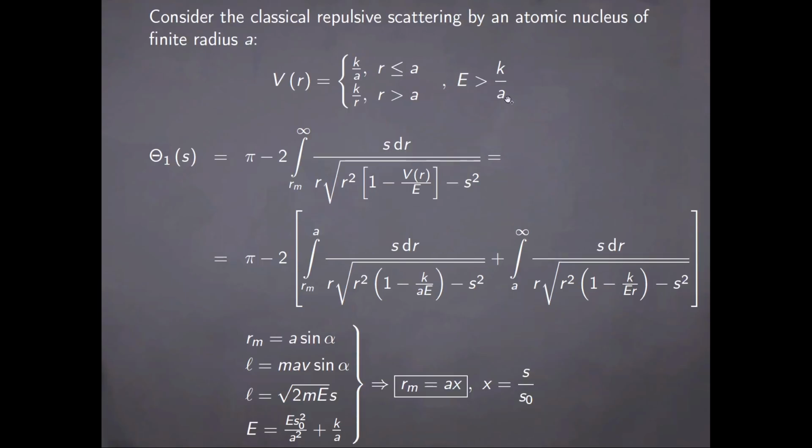As another example of a screened Coulomb potential, we can now consider the classical repulsive scattering by an atomic nucleus of finite radius A. So in this case, the potential is going to be approximated with a constant value, the force constant divided by the radius of the nucleus, for radii smaller than this particular value, and the usual repulsive Coulomb field for larger radii.